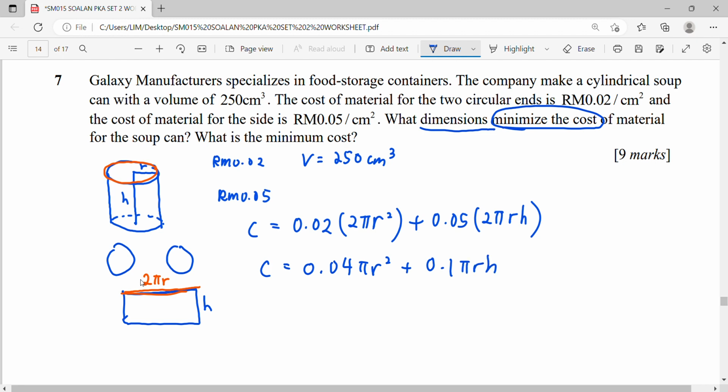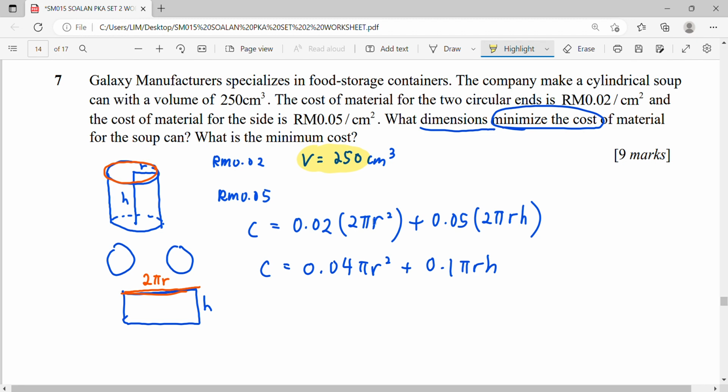Notice that your formula here has two variables. If you want to differentiate to minimize, we must make sure our equation is in a single variable. So our second step, change the formula to a single variable only. For r and h, what kind of relationship can we see? We can use the information that volume must be constant.